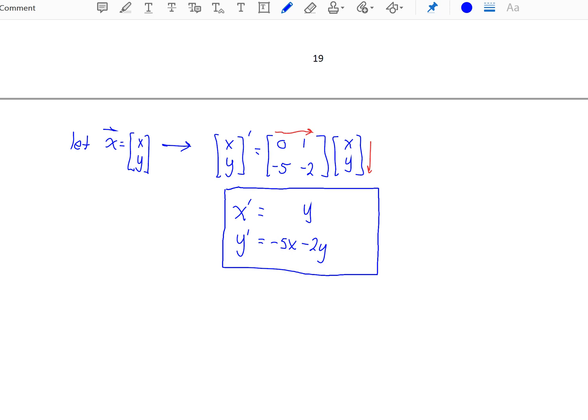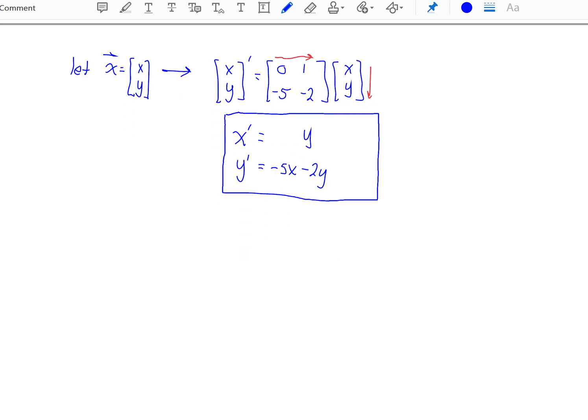Now let's look for our null clines. So remember, looking for your vertical null cline, your V null cline. On your V null cline, you have vertical slopes only. And this only happens if x prime is equal to 0.